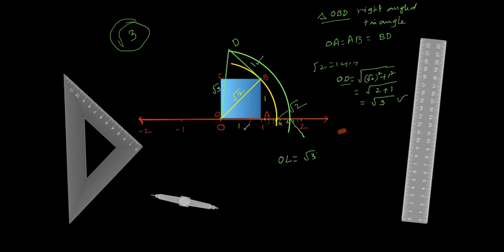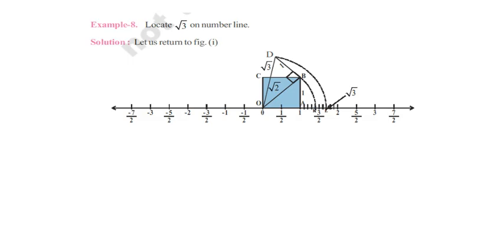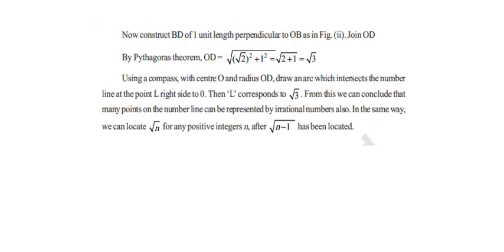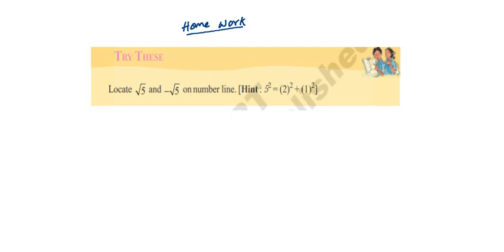Okay, now there is homework for you. Locate root 5 and minus root 5 on the number line. Here the hint is 2 square plus 1 square.